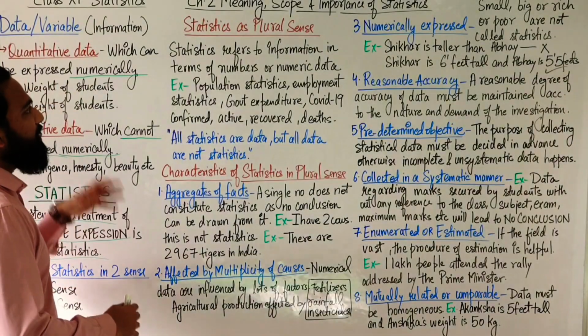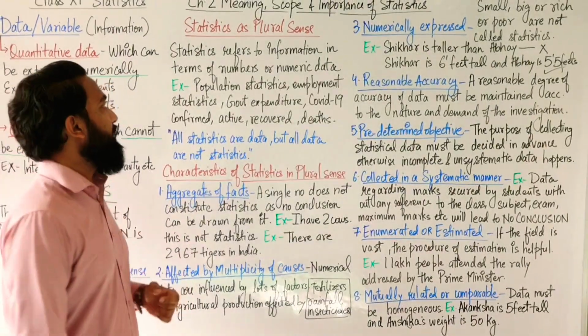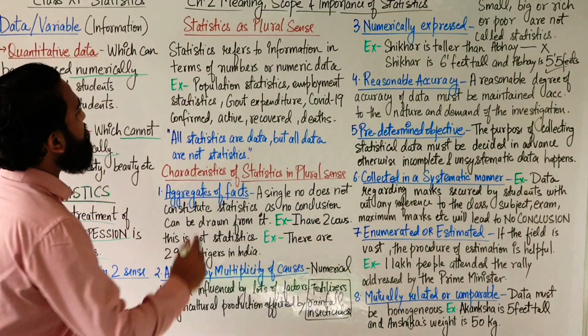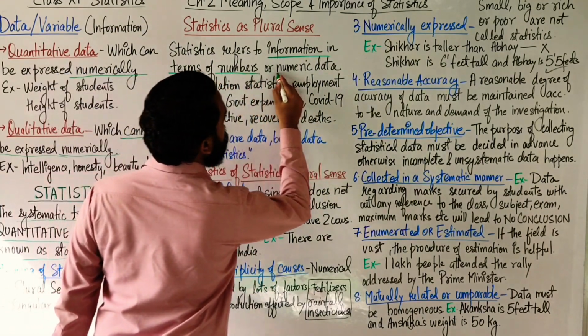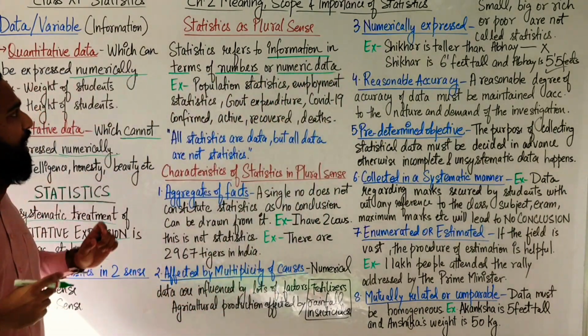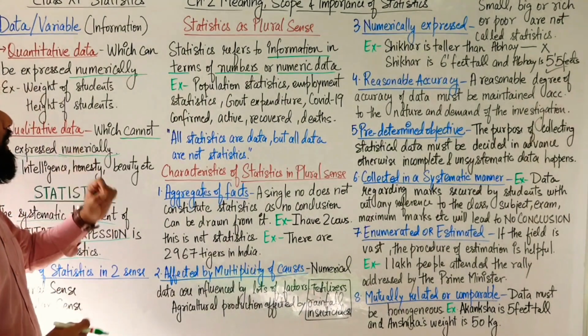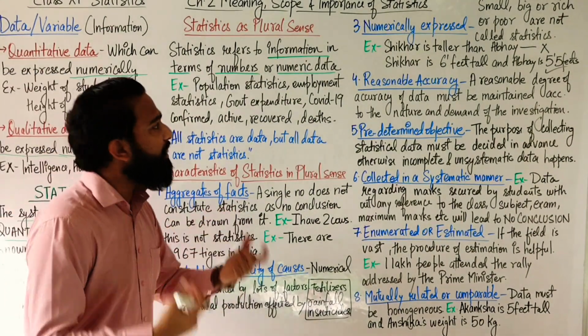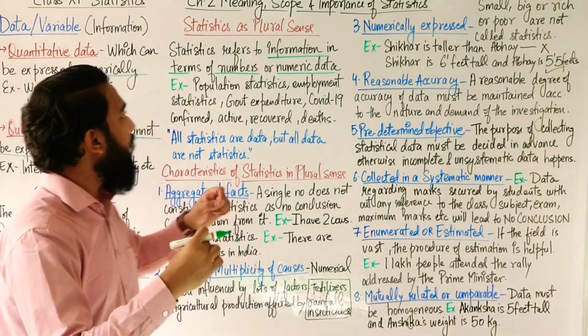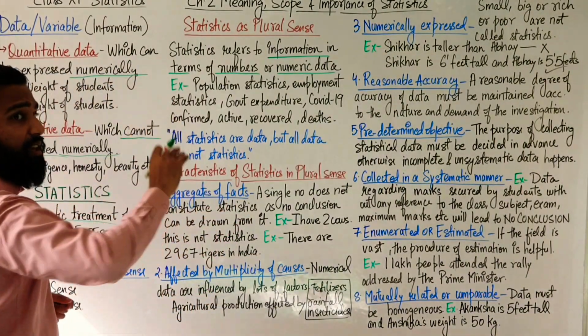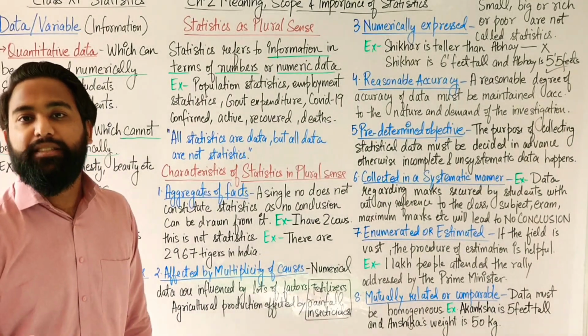Now, let's start with statistics as plural sense. Statistics refers to information in terms of numbers or numeric data. If the information or data is given in terms of numbers, then that is considered as statistics, but as plural sense.